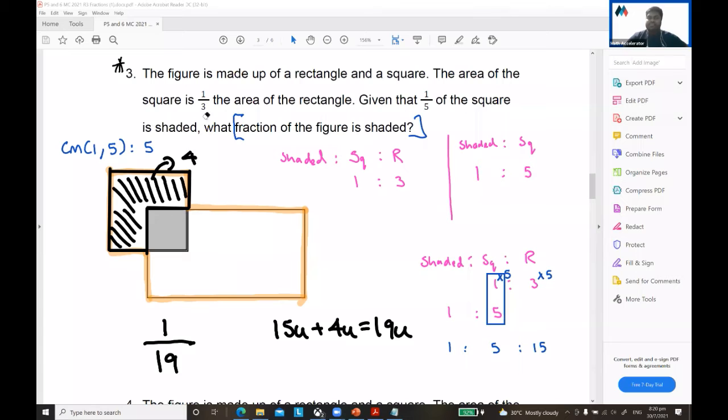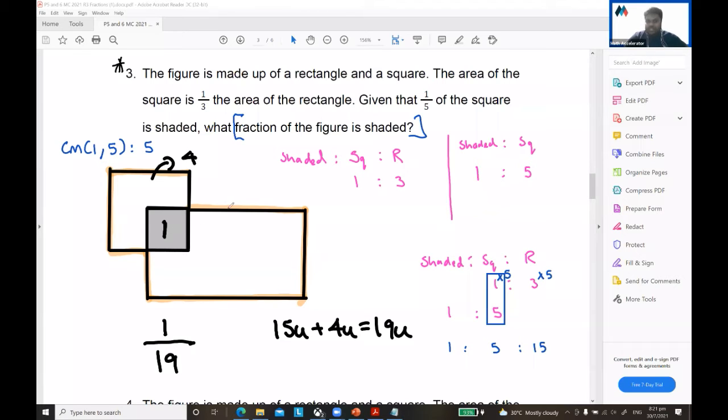Now, another way to look at it is, another way to look at this is made up of one shaded portion and two disfigured looking rectangle and square.